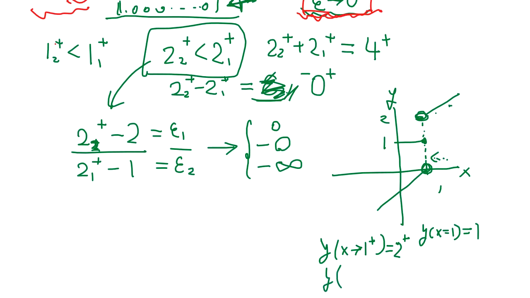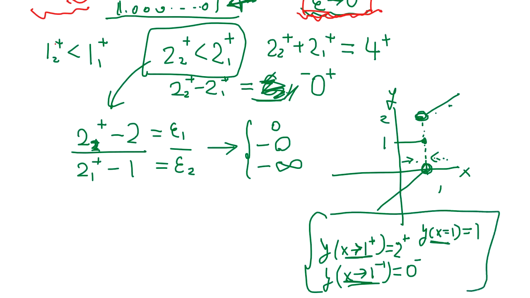If you come from the other side, from here, then it's going to be 0, negative, right? So depending on what you put in the function, even if it's getting close to 1, it's different from putting x equals 1.